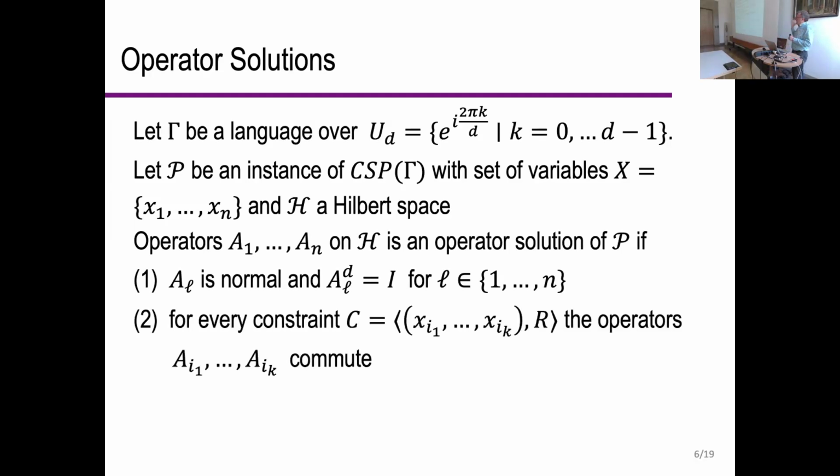For every constraint, the operators involved in this constraint must commute. And what I get from that, by the spectral theorem, is that if I take operators from the same constraint, I can simultaneously diagonalize them. I cannot diagonalize all of them together, but for each constraint, I can diagonalize them.